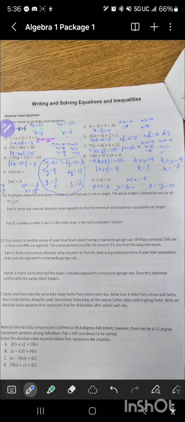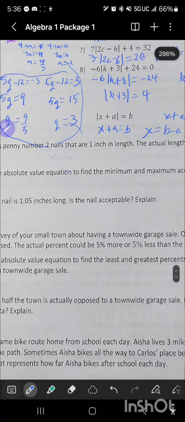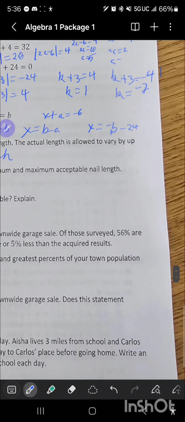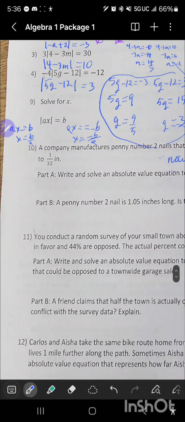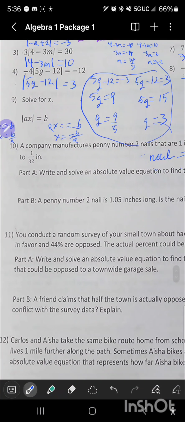Now, a company manufactures penny number two nails that are 1 inch in length. So each nail is 1 inch in length. The actual length is allowed to vary up to 1 over 32 inches.